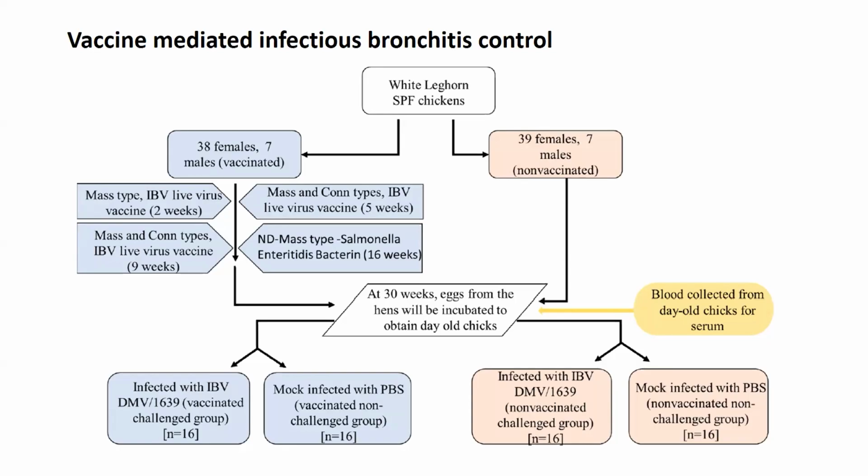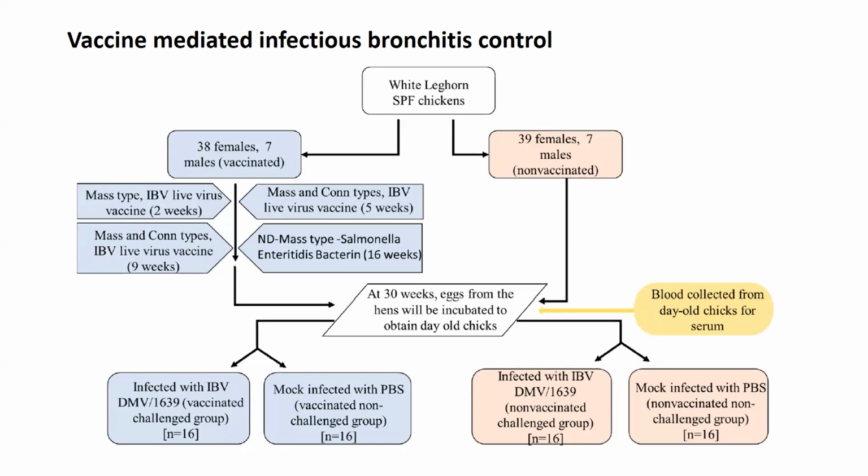Because of that, what we do is we combine the Mass and also the Con and vaccinate with the live attenuated vaccine about 3 times, starting from the 2 weeks. First 2 weeks, we are not worried because there will be maternal antibody that is enough to protect it. Then, just before the lay, we give the inactivated vaccine to boost the antibody and T cell response.